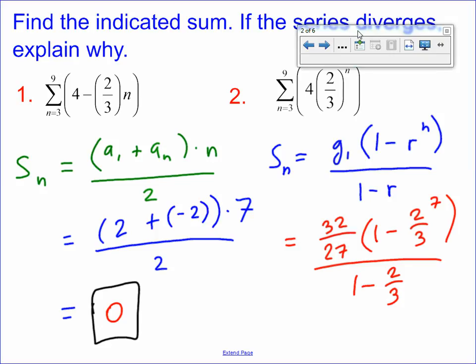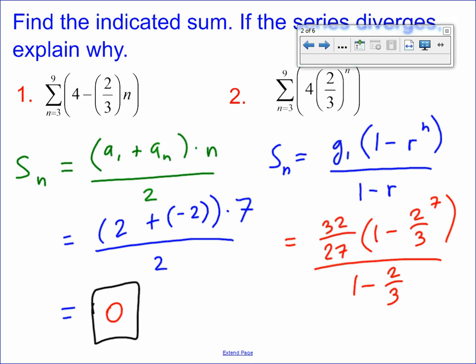One like this would be on the calculator-allowed portion of the test. I would certainly leave number 1 open to being on part 1, non-calculator, or part 2. You should know the formulas regardless of which part you're on. You should know these formulas for finite sum of arithmetic, geometric, and then infinite sum for geometric.